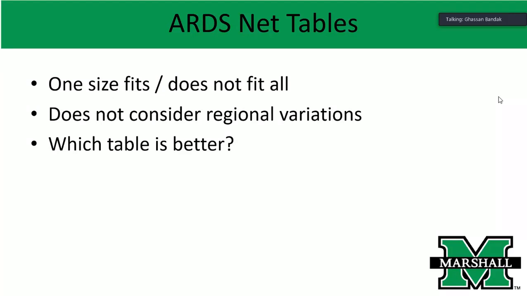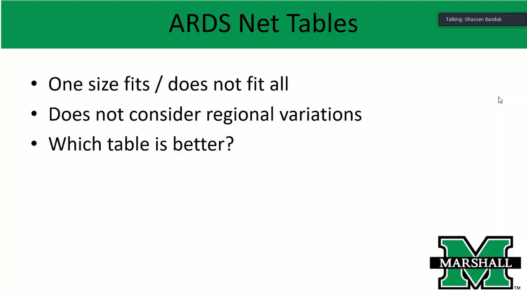So the ARDSNet tables are good because they're easy to implement. They don't require a lot of work, but the problem is they assume one size fits all, and one size does not fit all. Like we showed you in that picture, the patient who was morbidly obese may need more PEEP.